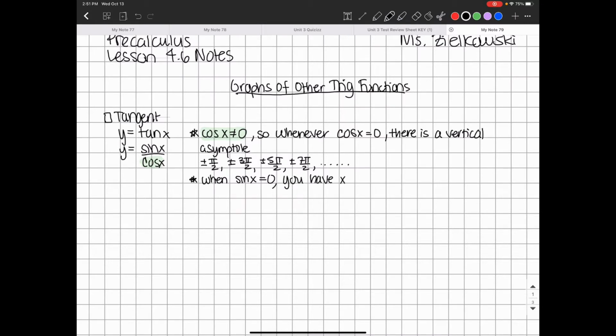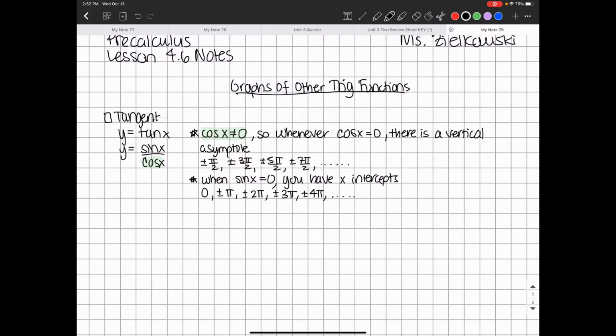So you have x-intercepts, or zeros. And those are going to be at, so sine of 0 is 0, sine of plus or minus pi is 0, sine of plus or minus 2 pi is 0, sine of plus or minus 3 pi, and that pattern continues, plus or minus 4 pi, and so on.